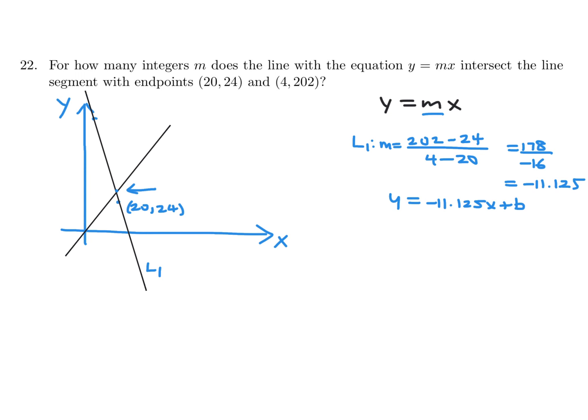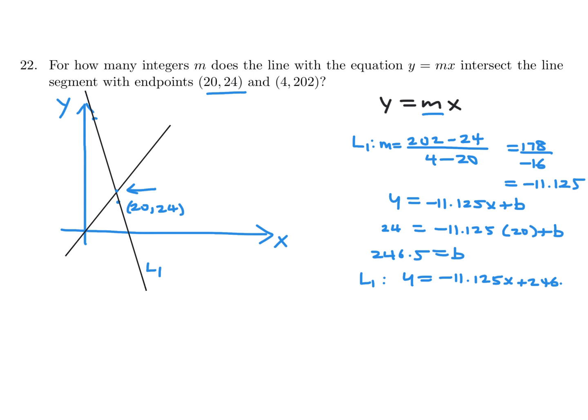I'll just sub in either one of those points to get b. So minus 11.125 times 20 plus b, and when you solve for b, you get 246.5. Okay, so that means the equation of that line L1 is y is equal to minus 11.125x plus 246.5. Not the prettiest equation, but that's okay.